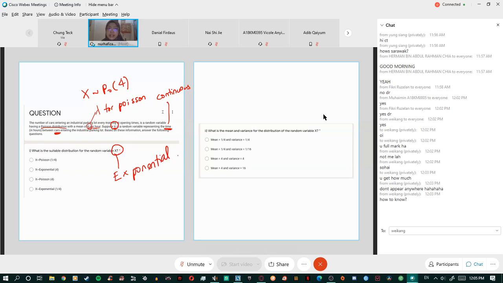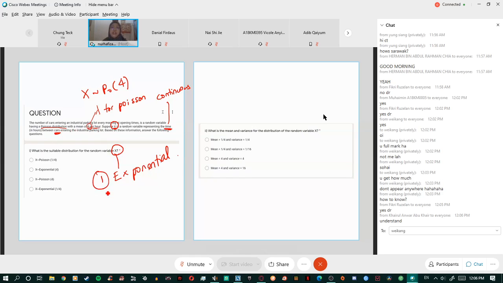So far, do you understand? This Poisson distribution does not indicate the distribution for X. It is just general information. The one that refers to X is the time in hours between cars. That's why your X is exponential.